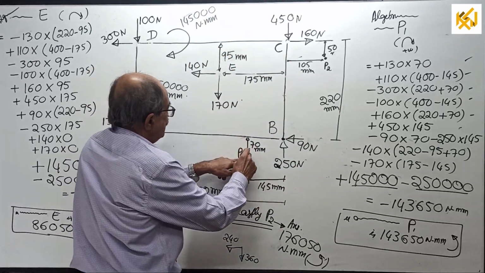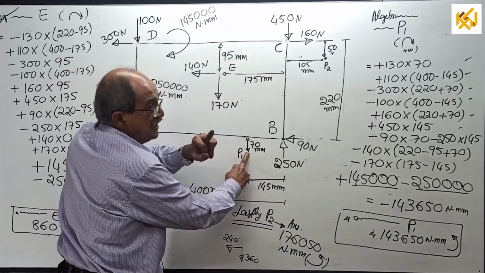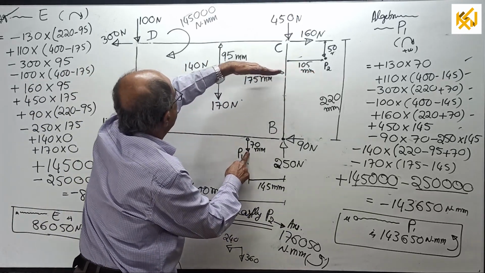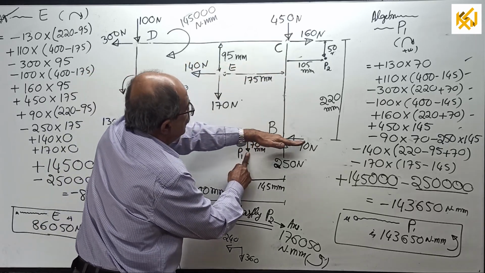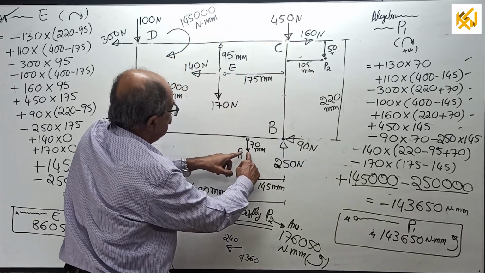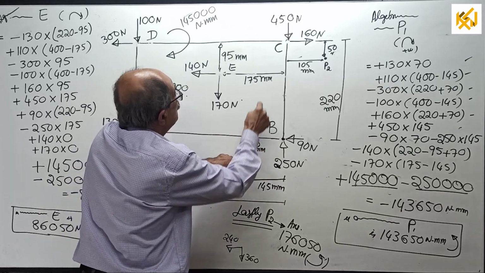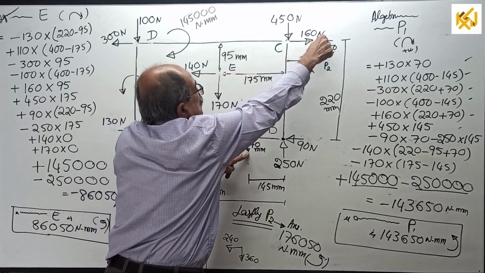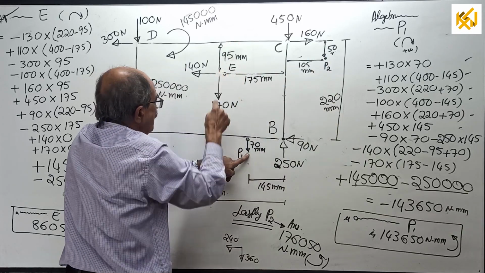Then, careful, 140 into, be careful now, 140 is acting here. So, from here to here, what do you do? See, 220 minus 95 will give you the height from this point to this point, this level.